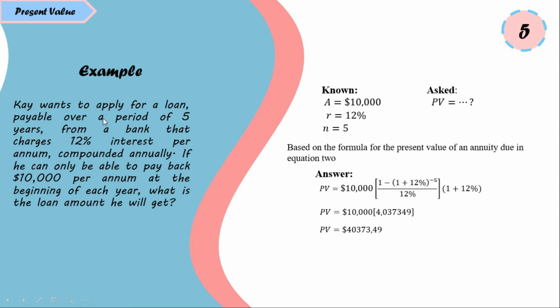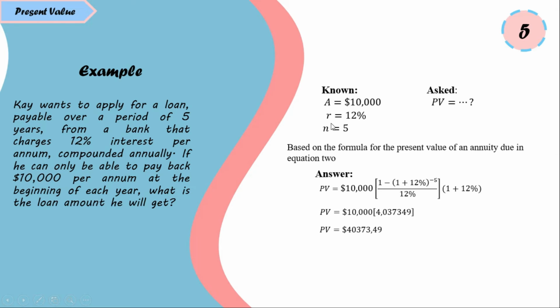Example: Kai wants to apply for a loan payable over a period of a year from a bank that charges 12% interest per annum, compounded annually. If he can only pay back $10,000 per annum at the beginning of each year, what is the loan amount he will get?